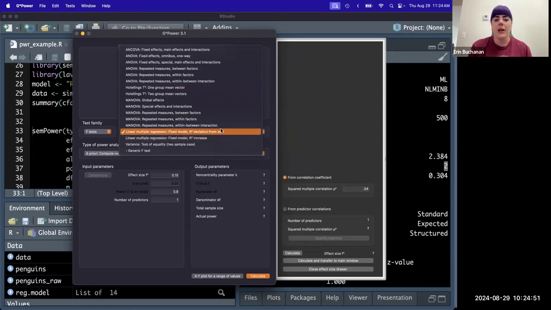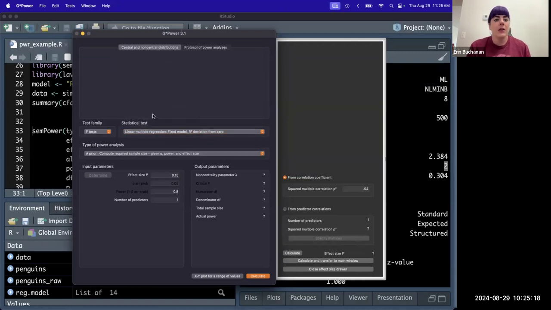But we'll look at linear multiple regression, and you can do R-squared deviation from 0, meaning the whole model. I want to know if I can predict the entire thing at once. Or the other one that I really like to use is the linear multiple regression R-squared increase. So after controlling for X, can I find an increase based on this new predictor that I have?